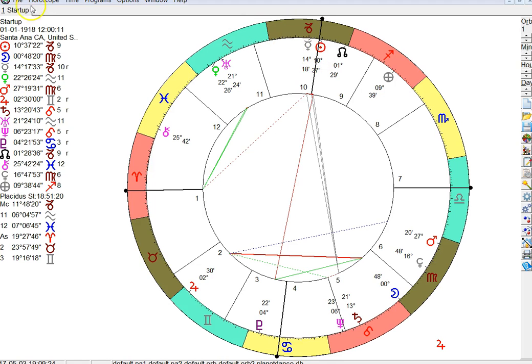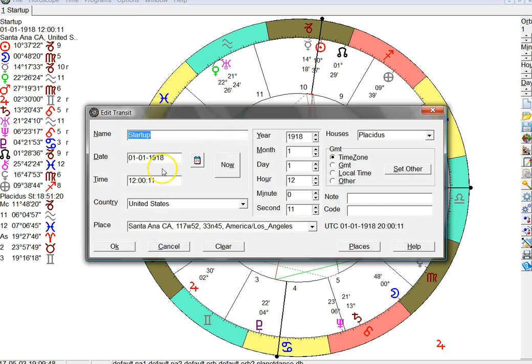So here's the chart. I have it set for November 1st. Tinkering with this, from year to year, the Sun will be in the same position on the same day, more or less, from one year to the next. Here's 1918, and if I input 2017, it'll be the same location, just to demonstrate.